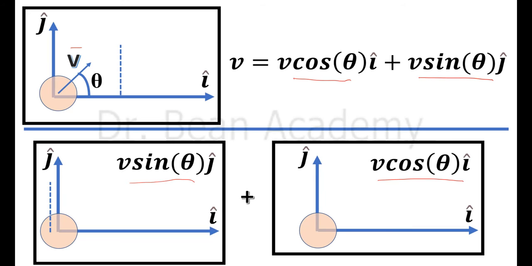Remember, the horizontal component of the velocity is working horizontally towards the right side. Similarly, the vertical component is directed upward. Let's see their motions.